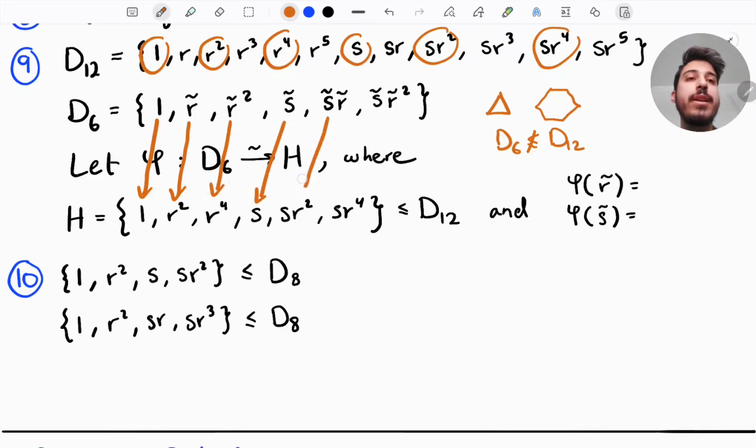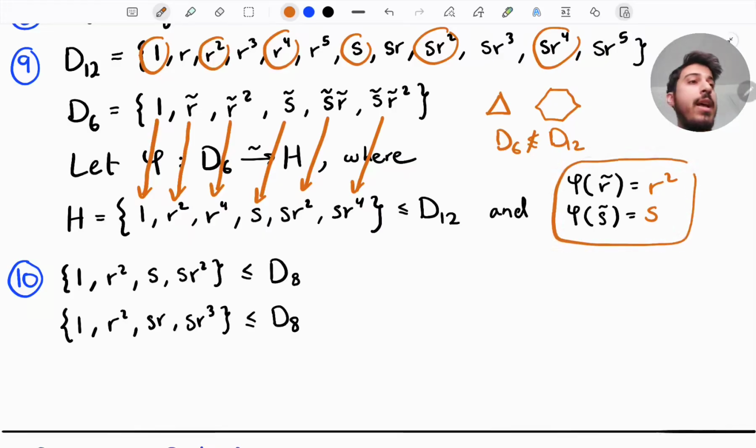Each element is sent to the neighboring element in H. So phi of r tilde would be equal to r squared, and phi of s tilde would be equal to s. And since r and s generate the entire sets, we can just be satisfied with this definition. And this is injective and surjective, therefore it is an isomorphism.